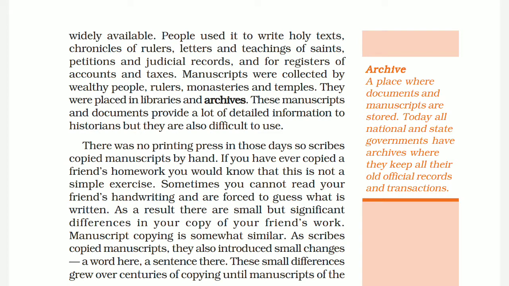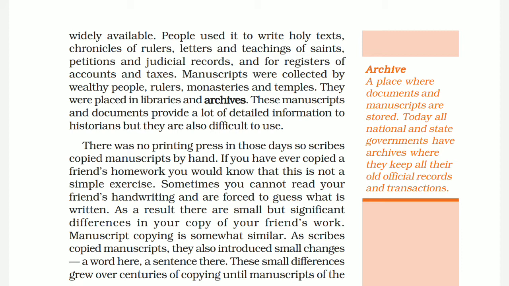Manuscripts were collected by wealthy people, rulers, monasteries, and temples. They were placed in libraries and archives. These manuscripts and documents provided a lot of detailed information to historians, but they are also difficult to use.